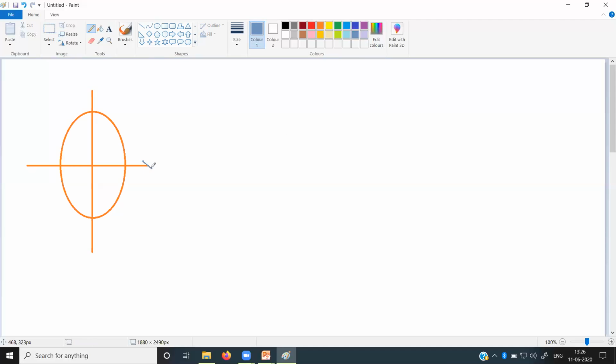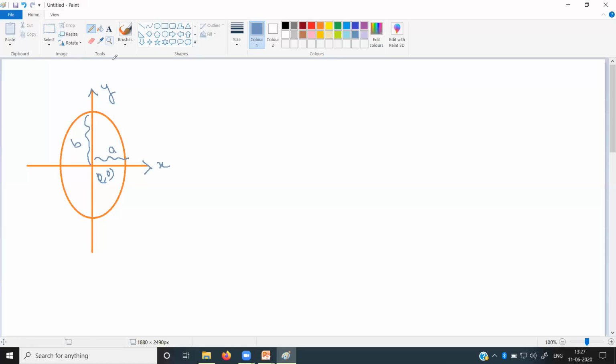This will be our x-axis and this will be our y-axis. Now the center of the ellipse is 0, 0 and this is the major axis, which is A. This entire length is A. This entire length is B. So this is the major axis and this is the minor axis.